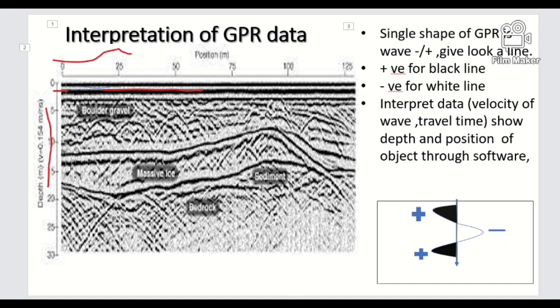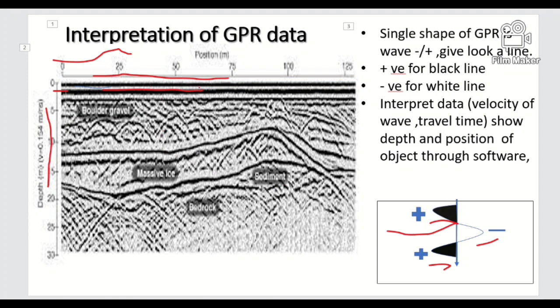This image is created by the wave's positive or negative energy. So here positive gives the black line, and negative energy gives the white line. Also this interpreted data is calculated from the velocity of the wave and travel time, and then determines the depth or position. And we can see the black portion, the positive and negative here, also positive and negative.